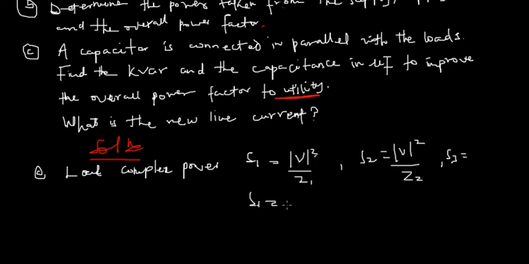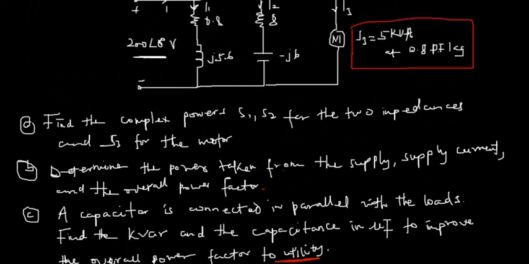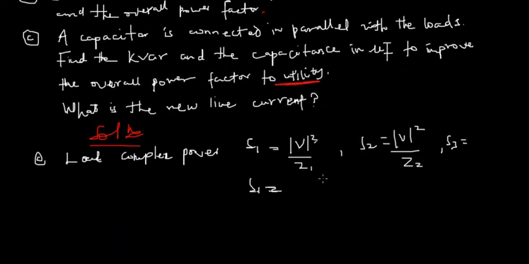So we have S1 equal to the magnitude of V squared. We know V is 200, from the question, so there's no need to calculate the magnitude again.